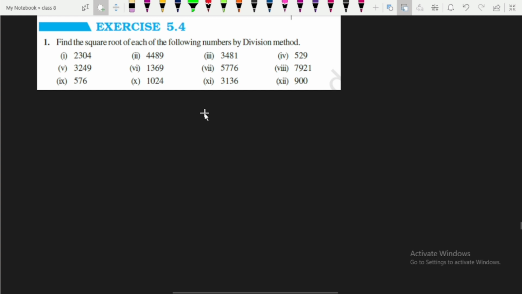From exercise 5.4, in question number 1, you have to find the square root of each of the following numbers by division method.